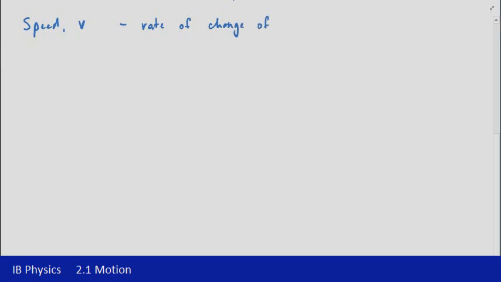It's a rate of change of distance with respect to time. In other words, it's how fast something is travelling. So distance is how far something has travelled, speed is how fast an object is travelling.